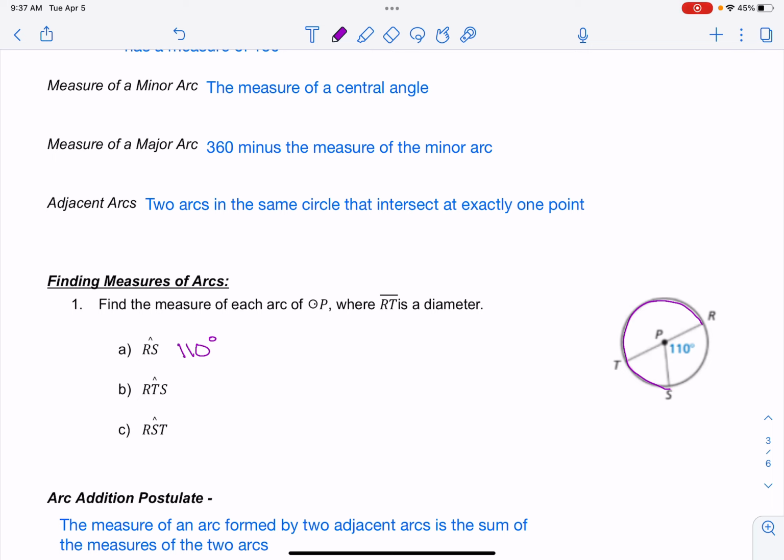So even though we don't know any of those angles that were just listed, we do know that this minor arc here was 110, and the full measurement of a circle is 360 degrees. So we will do 360 minus 110, and that is going to give us 250. So that whole arc from R to T to S is 250 degrees.